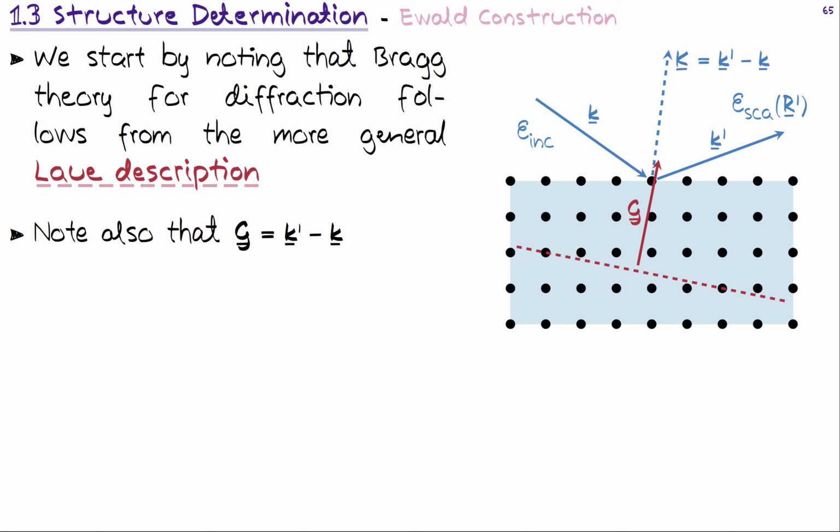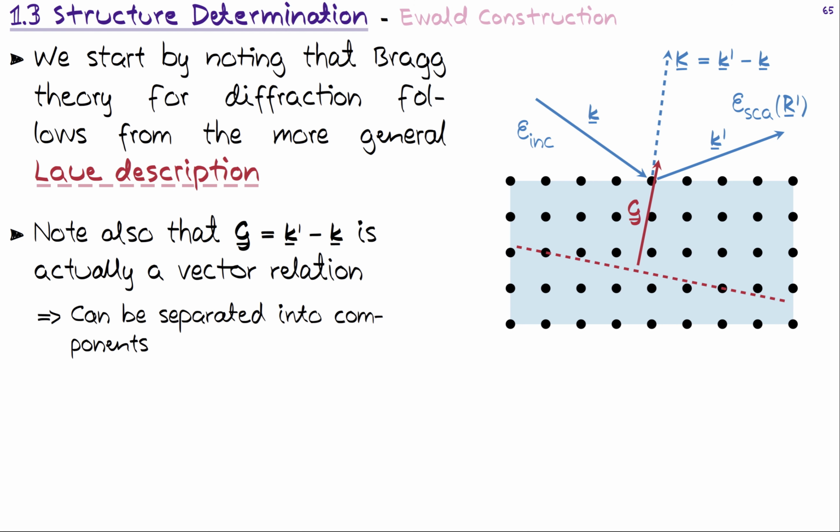And please also note that this reciprocal vector G equals k prime minus k, and that was the scattering vector. This is actually a vector relation we are seeing here. So these are vectors. Please keep this also in mind. Either way, we can either just use vector algebra to understand things, or we could also separate this condition into components, and then we would actually have several conditions.